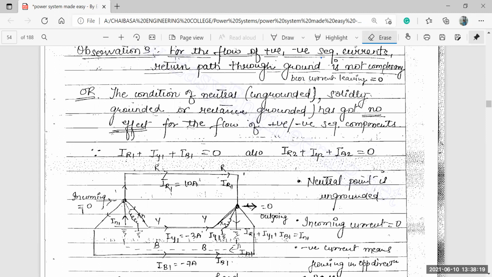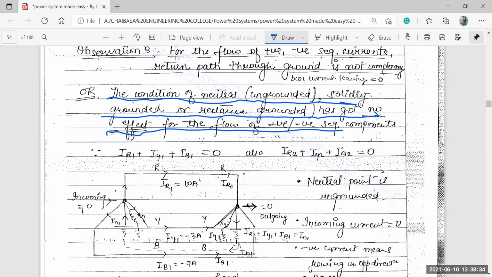We'll see how it is being done. The condition of the neutral, whether ungrounded, solidly grounded, or reactance grounded, has no effect on the flow of positive sequence and negative sequence components.